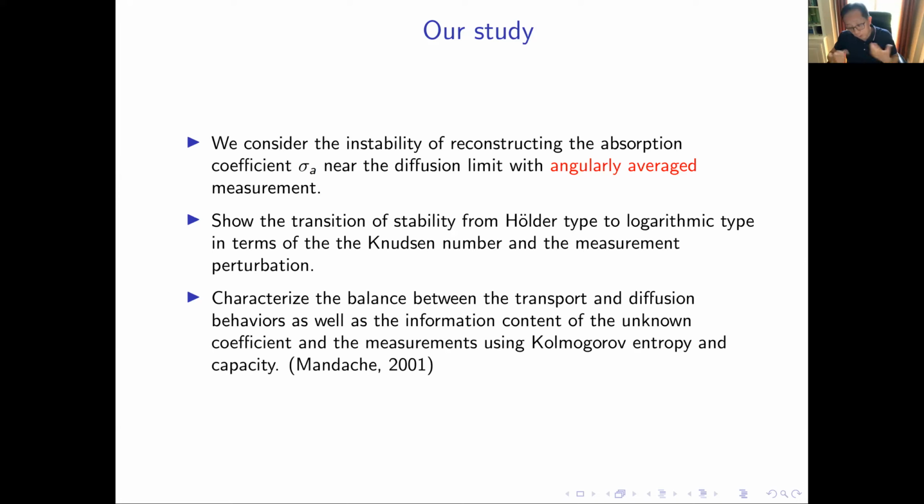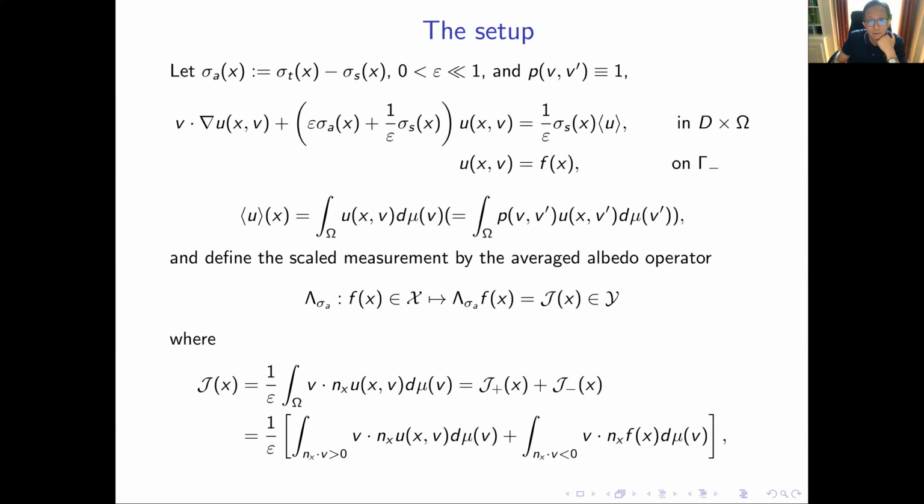You only need to construct in one setup, and that is good enough to show that the general bound should be of that type. So again, we only need to find one example where the stability is really of logarithmic type, or the instability is of that type.